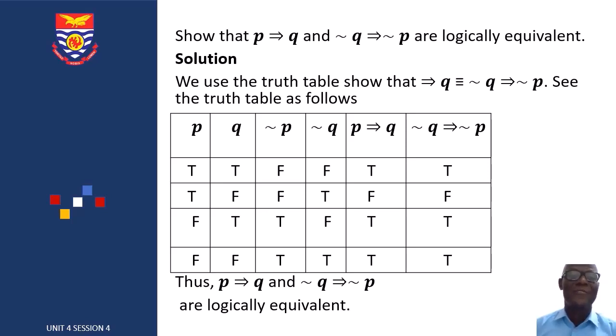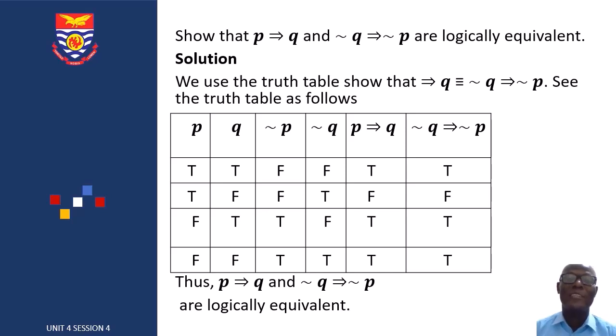We know that if P is true, then its negation is false. If P is false, then its negation is true. If Q is true, its negation is false, and if Q is false, its negation is true.